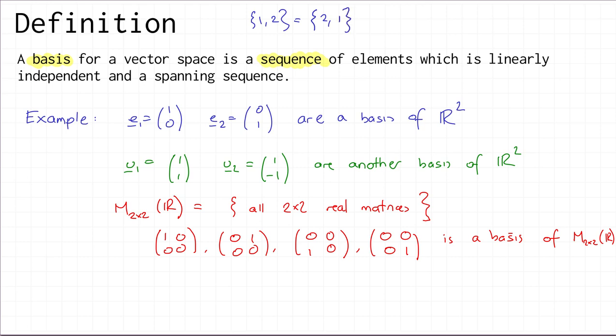For sequences, that's not the case. The order of a sequence matters. So that's the reason we're using sequences. It's because we want our bases to be ordered things. We want the order to be important. So we will consider E1, E2 to be a sequence of vectors. The order that you have them matters. You'll see why later when we start talking about matrices of linear maps.